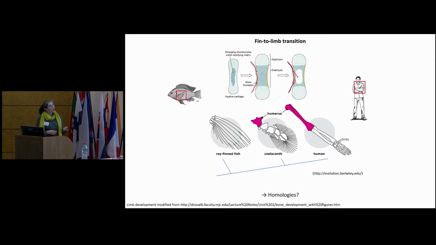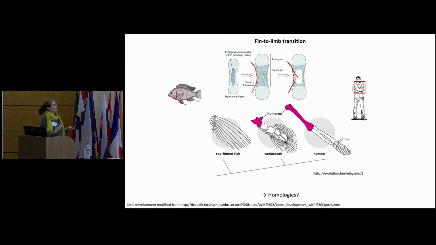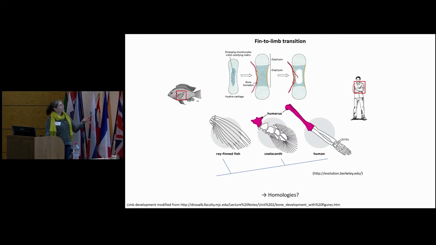So how does a limb bone grow? Whatever the group, ray finfish or tetrapod, it all starts with a cartilaginous rod, a ball of cartilage in the development. The cartilaginous cells in the middle become bigger, and at the same time you get the invasion of blood vessels, the vascularization.